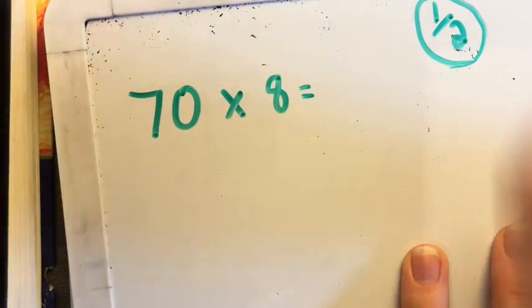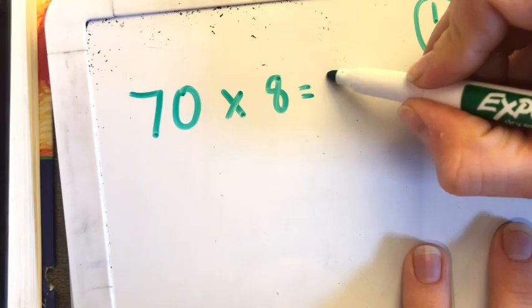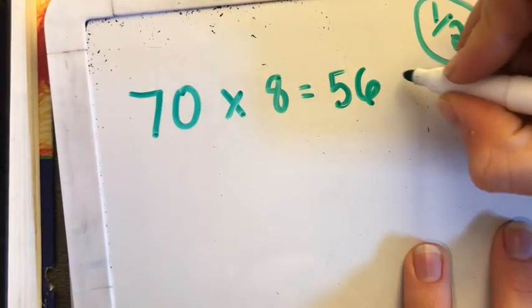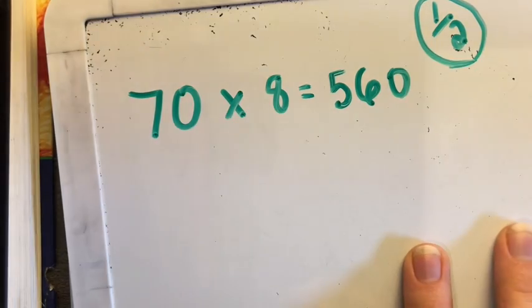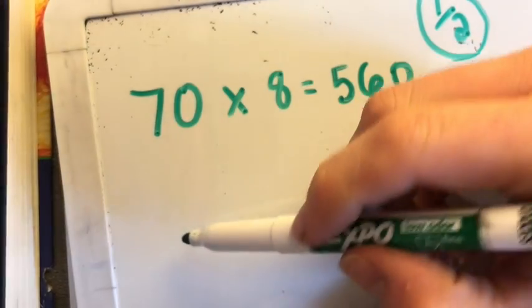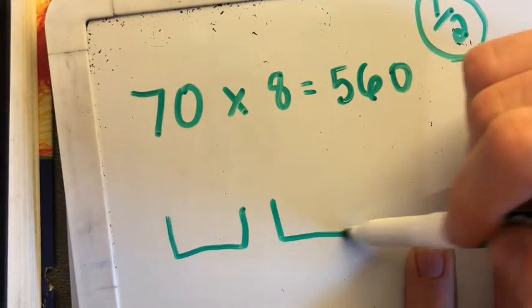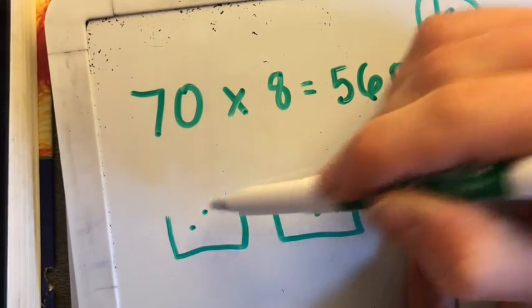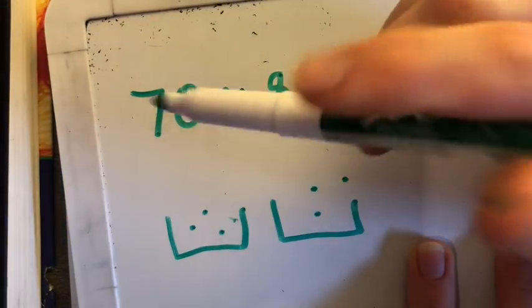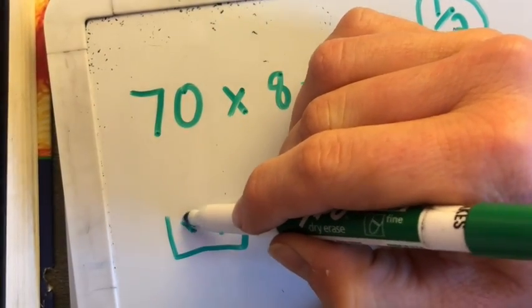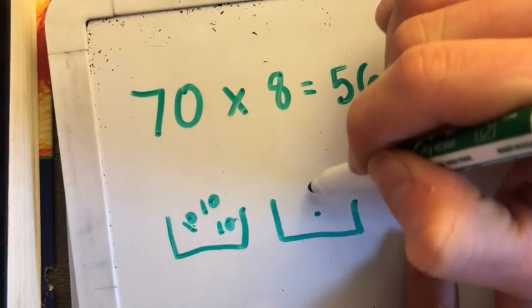So let's do 70 times 8. 8 times 7 is 56. The 70 makes it 560. Now, the half a stride, so half of 70. Let's break 70 into 2 equal groups to find out half of 70. 10, 20, 30, 40, 50, 60, 70. Wait, that doesn't work. This is 10, 10, 10, 30.